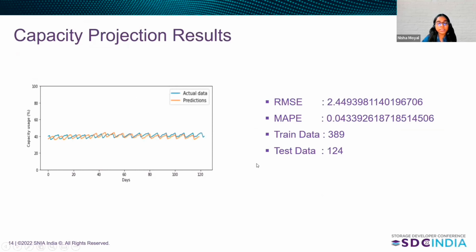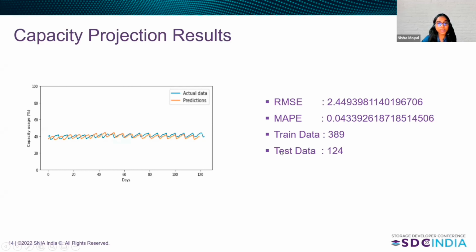Here we can see the results we got when we ran AutoGluon for this capacity projection problem. On the right side, you can see the metrics: root mean square error, we got 2.44, and MAPE, we got 0.04. Our train data had 389 rows and test data had 124 rows.